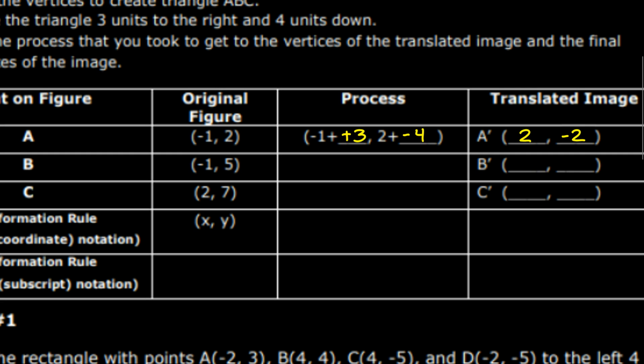Now we're going to do the same for B and C. We're going to do negative 1 plus 3 and 5 what? Yes, 5 minus 4. So what is negative 1 plus 3? And what is 5 minus 4? Good.